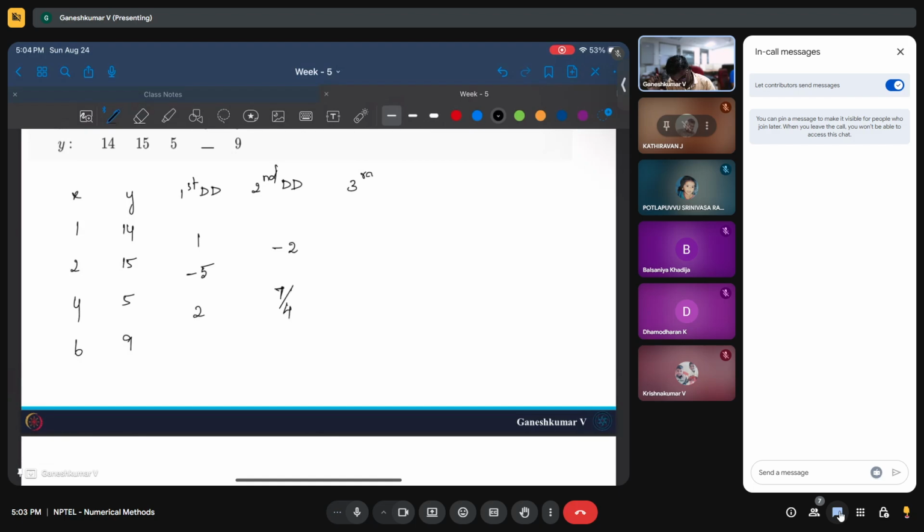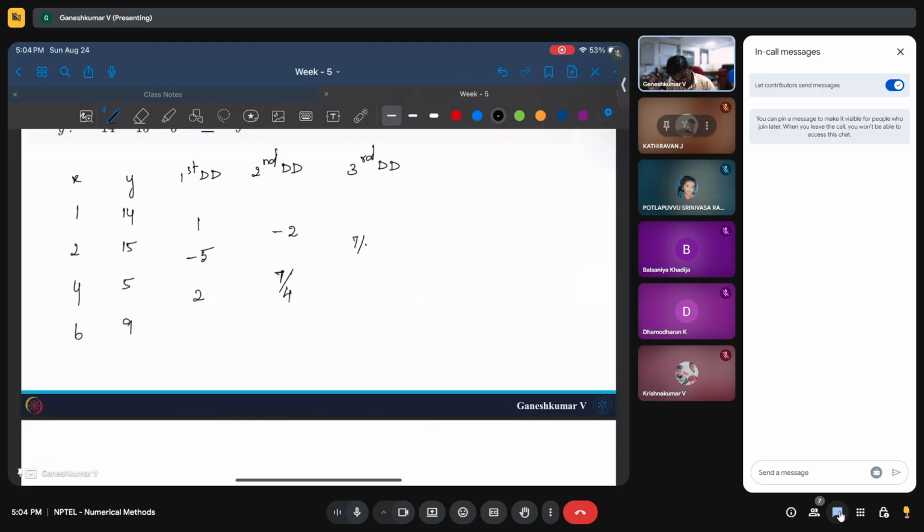Then the third order difference is 7 by 4 minus of minus 2, so 7 by 4 plus 2, divided by 6 minus 1, which is 5.